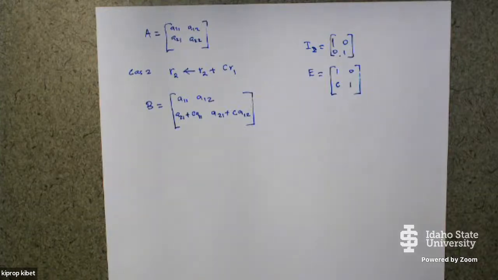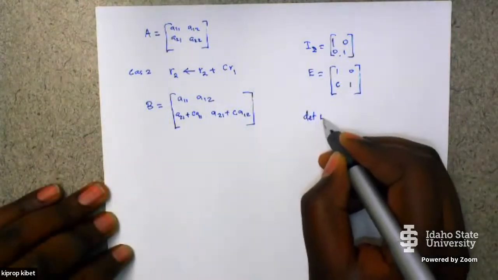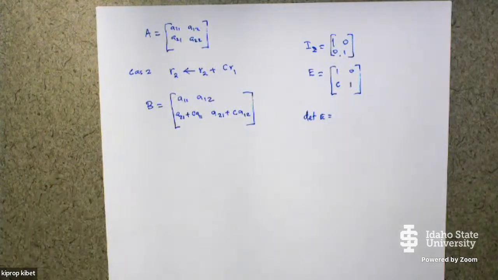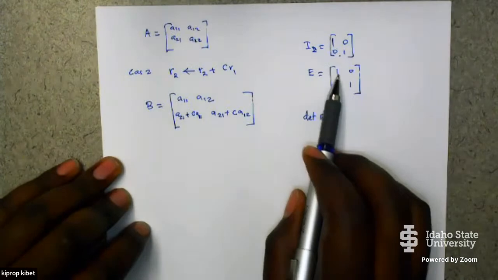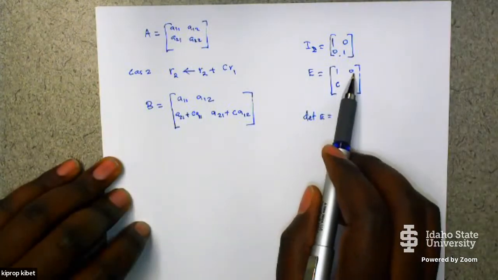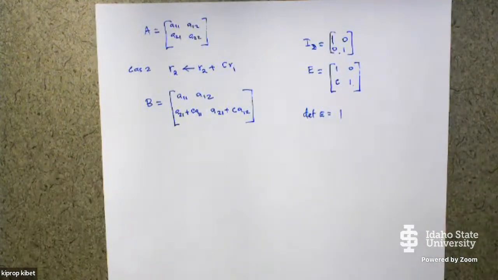Now, what will be our determinant of E? The determinant of E here will be equal to what? When you look at this, this is 1 minus 0, which is equal to 1.